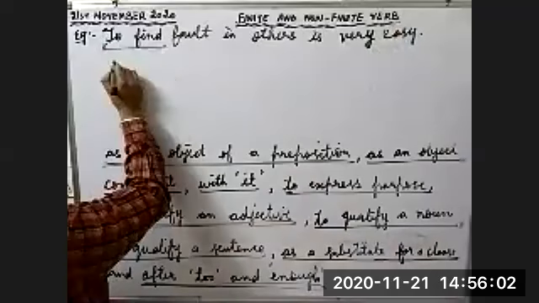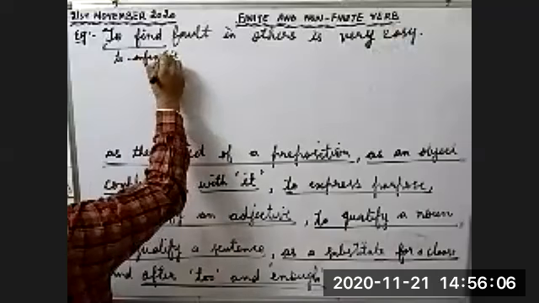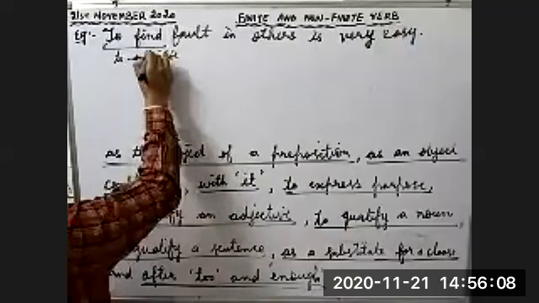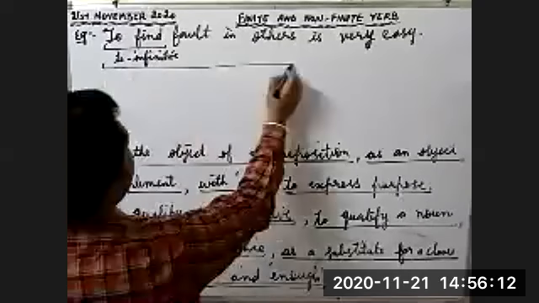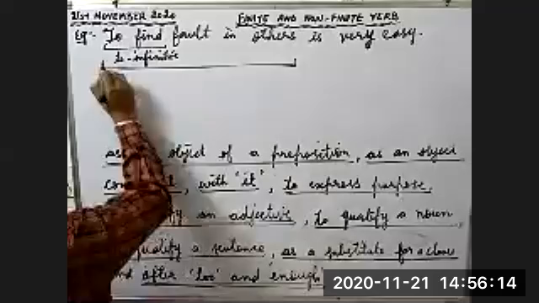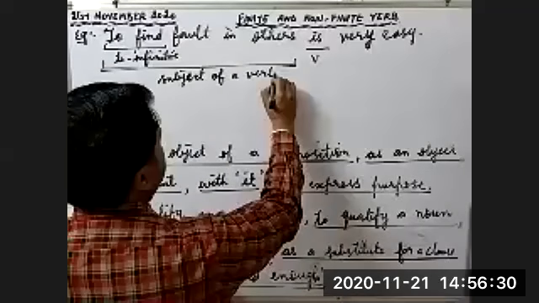This is to infinitive. Look at this sentence carefully. To find fault in others is used as a subject, or you can say part of a subject. What is this? This is verb. So this is the first use, subject of a verb.